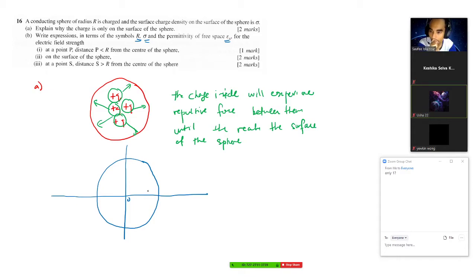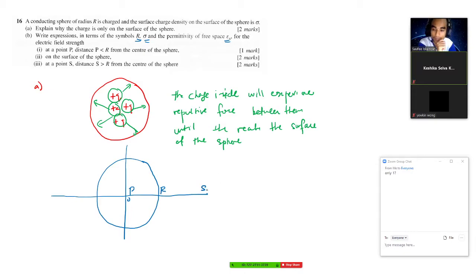We have a point P here, the surface at R, and a point S outside of the sphere.